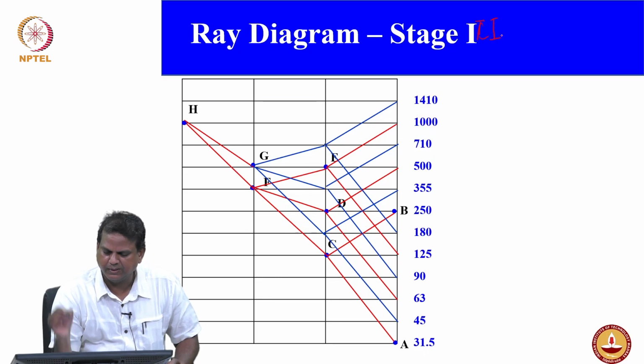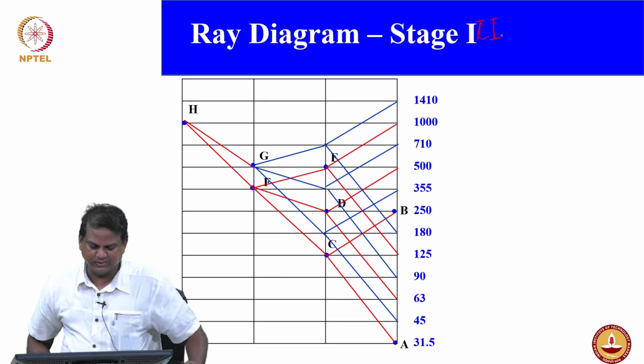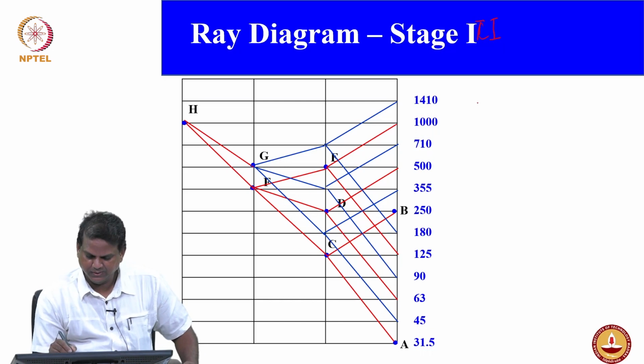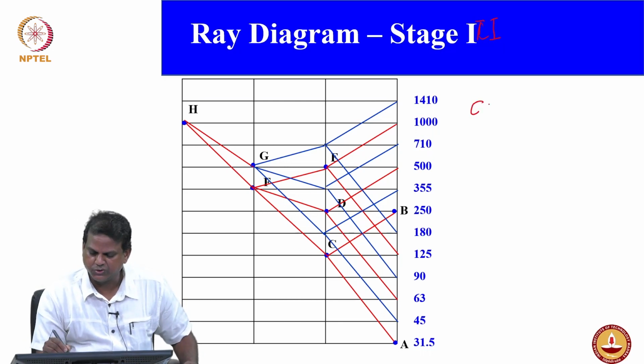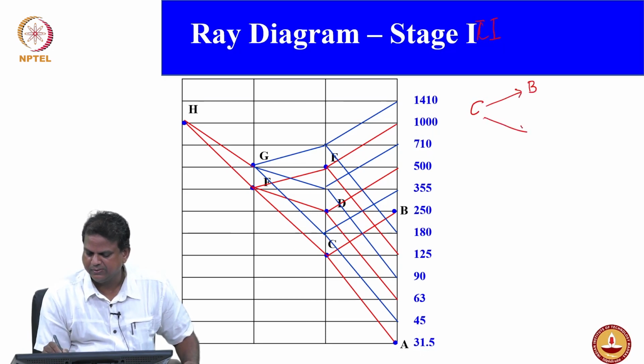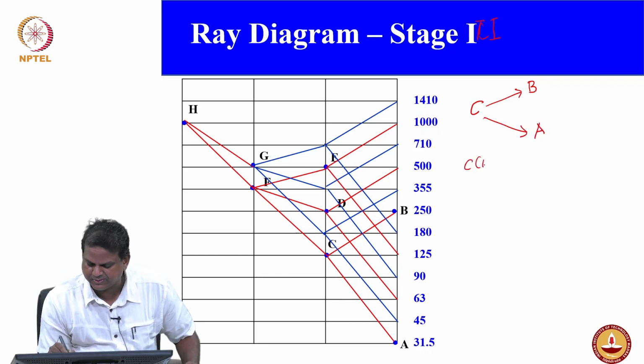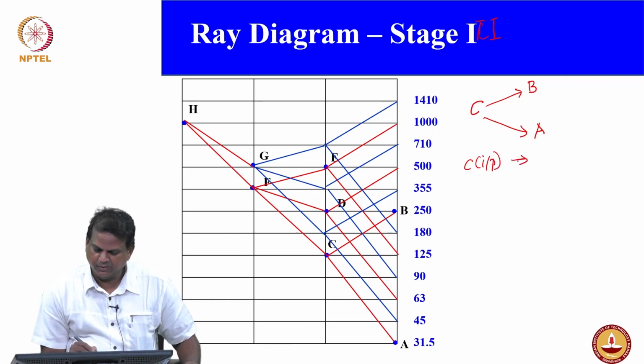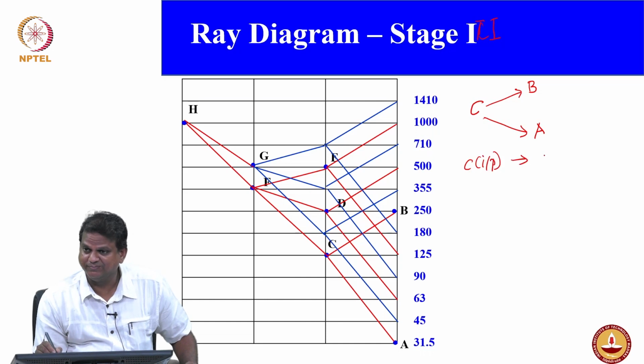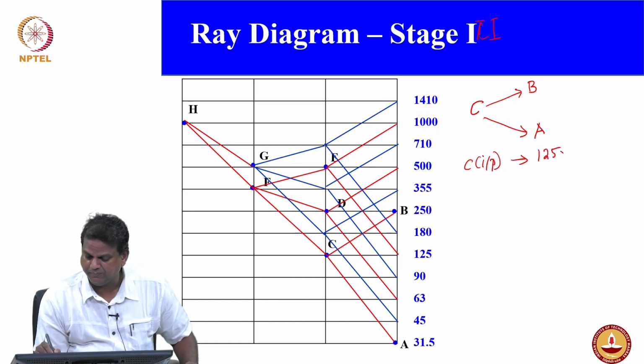Okay. Yeah. Now, look at this. So, we have stage 3, C moves to B and A. Okay. So, see what is the input speed for C? Input speed is 125 RPM. Am I right? Yeah, it is 125 RPM.